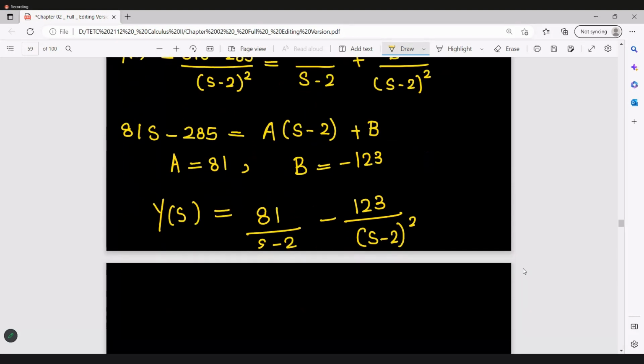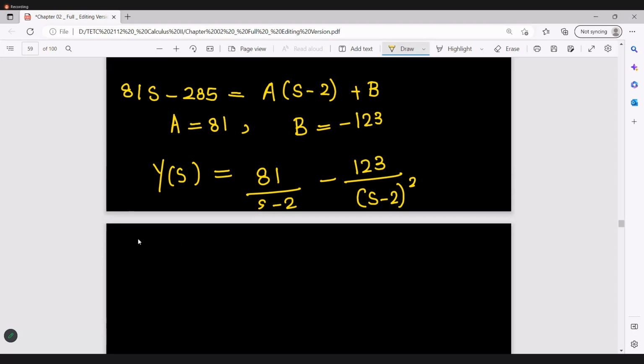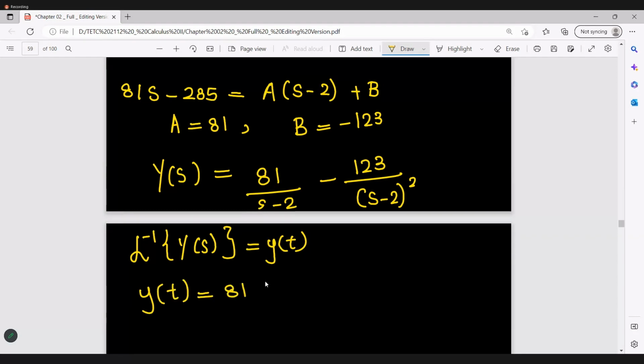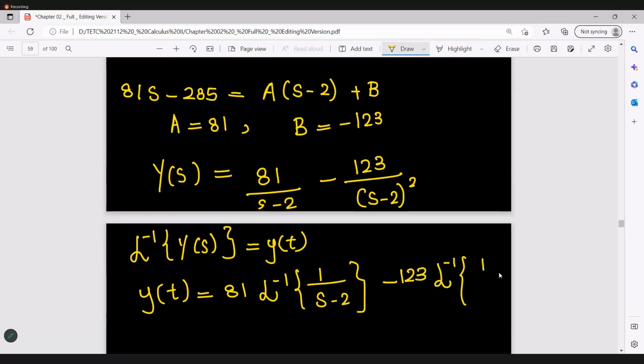So we need to take the inverse Laplace transform of both sides to obtain the answer y of t. So we can write y of t is equal to 81 times the inverse Laplace transform of 1 over s minus 2, minus 123 times the inverse Laplace transform of 1 over s minus 2 to the power 2.